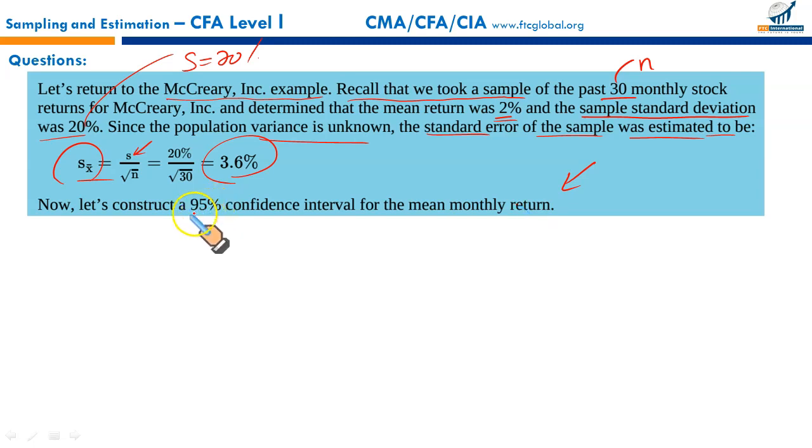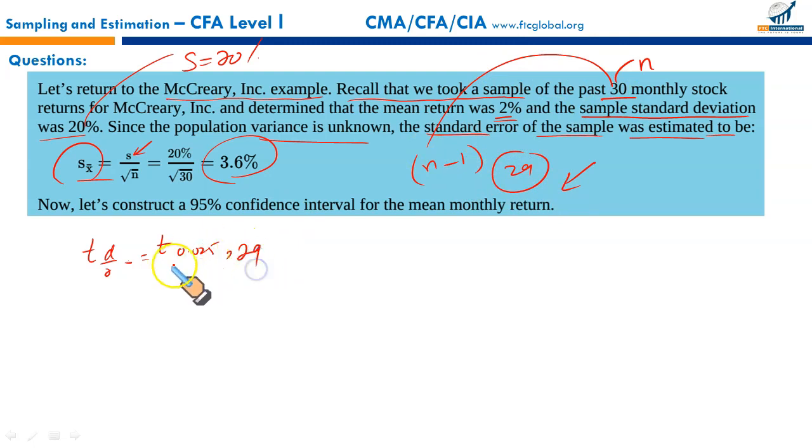Since we are talking about 95%, it means t alpha by 2 is going to be 5% by 2, so that's going to be t 2.5 or 0.025, right? And remember, we need n minus 1, which is the degree of freedom. And how do we calculate it? Simply take the sample size, that is 30, 30 minus 1, that is 29. So degree of freedom is 29. This is how you write the t statistic: t 0.025, alpha by 2, that is the level of significance, and 29 represents the degree of freedom.